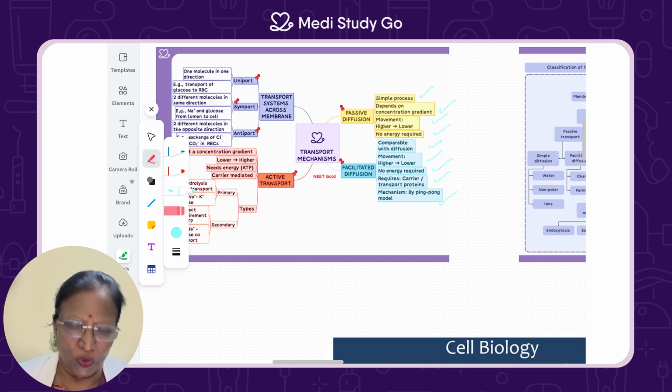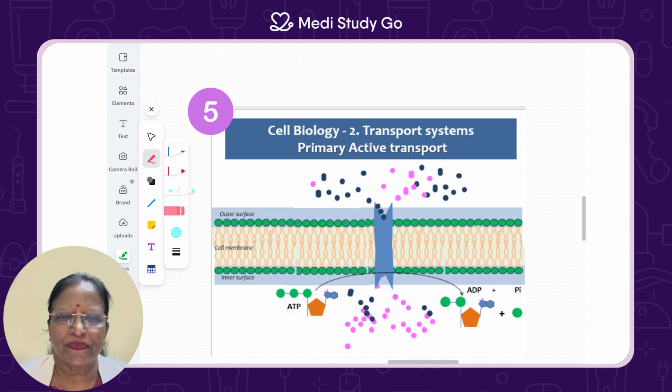Now we will go to the active transport. Active transport is carrier mediated, against concentration gradient, and energy dependent.